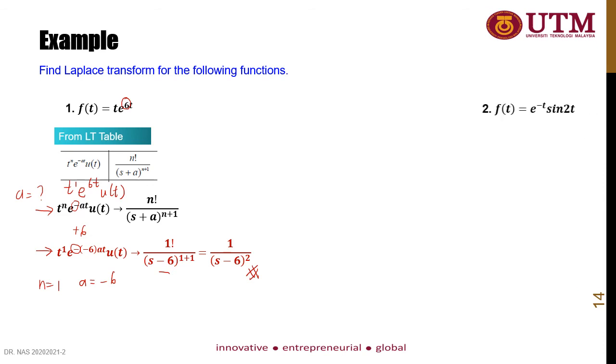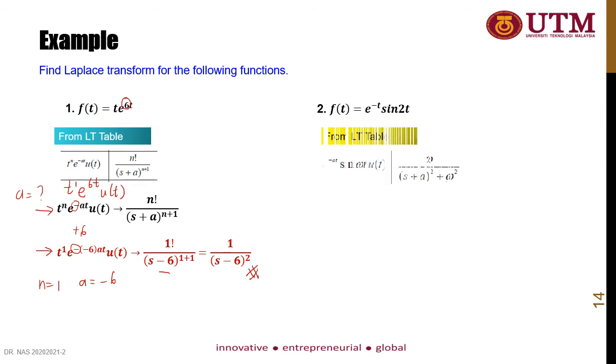Okay, let's look at another example. When you have f(t) equal to e to the minus t sine 2t, again refer to the Laplace transform table. This is the shape you have in the table. You can compare the given equation with the one in the table.